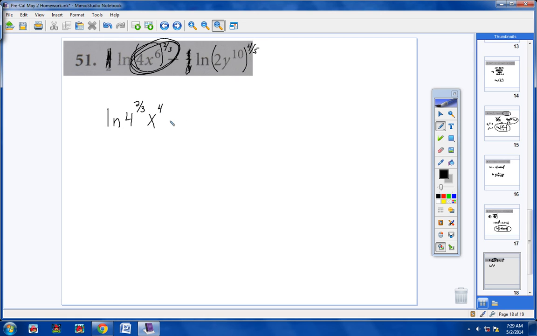Now put your minus sign, and now I'm going to put my natural log here, and now let's work with this expression right here: (2y^10)^(4/5). There is a 1 here, so 4/5 times 1 gives me 2 to the 4/5 power. And then y, 10 times 4/5 would be 8. Y to the 8th power.